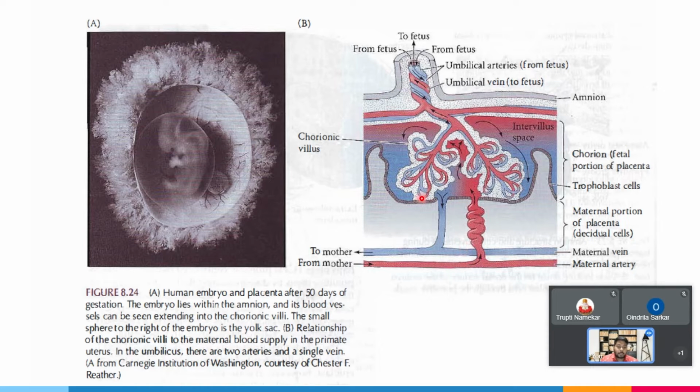And the blood vessels coming from the mother, and the endometrium structure right here, is the mother's part of the placenta, which is known as the decidua. As you can see, we have two arteries and one vein from the fetus, and these are not directly connected to the mother's circulation in any way.